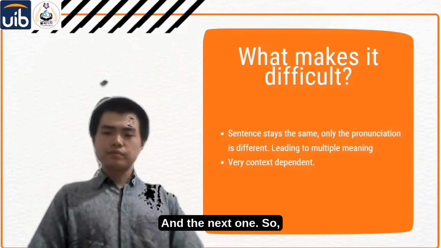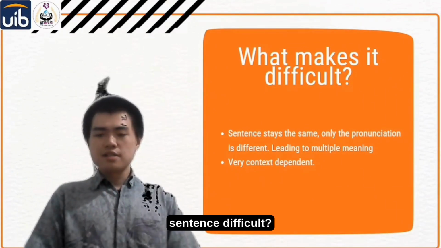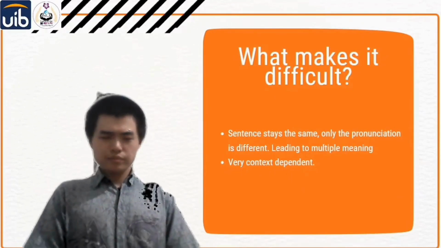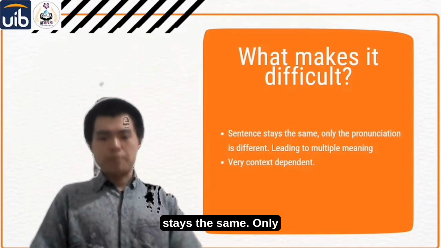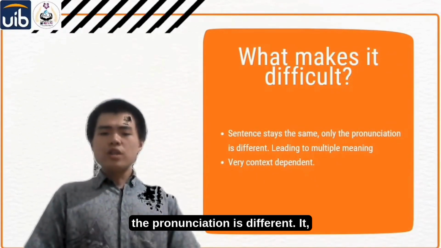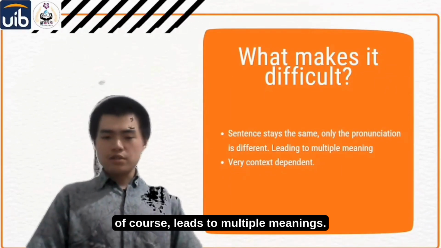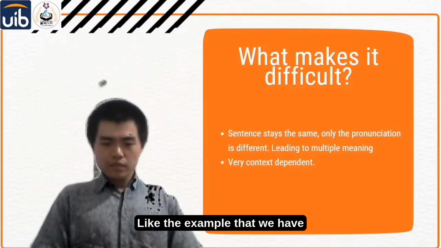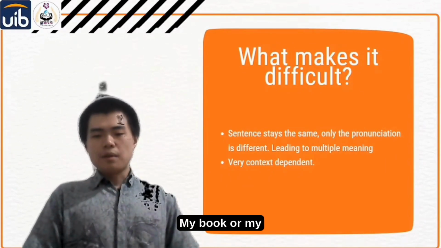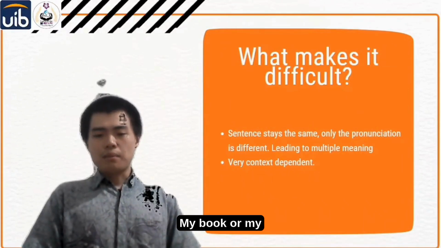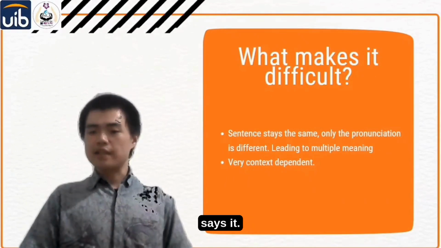And the next one. So, what makes understanding stressed sentence difficult? The first one is that the sentence stays the same, right? Only the pronunciation is different. It, of course, leads to multiple meaning. Like the example that we have given, my book or my book, it leads to a different meaning when the speaker says it.